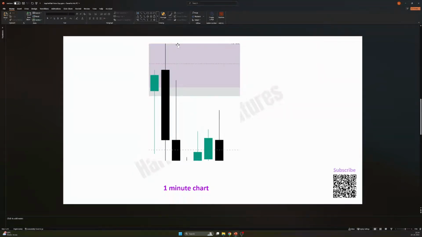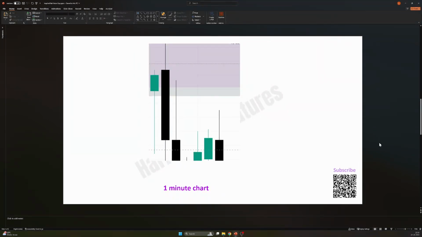Though we don't see any fair value gap inside this chart, whenever there is a huge candle which is engulfed on both sides with huge wicks, this is where the implied fair value gap forms.